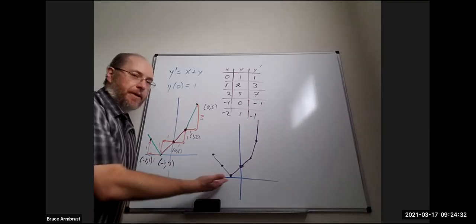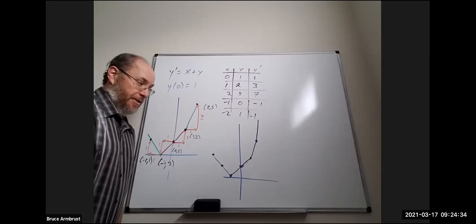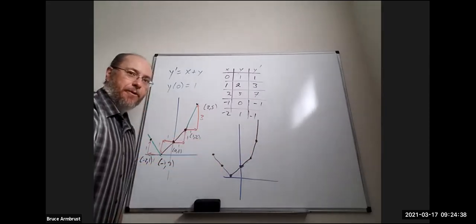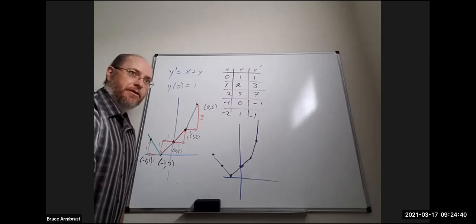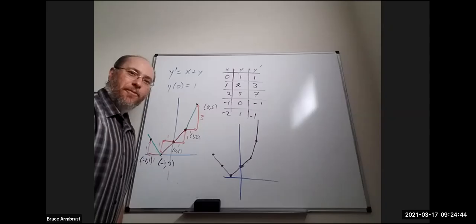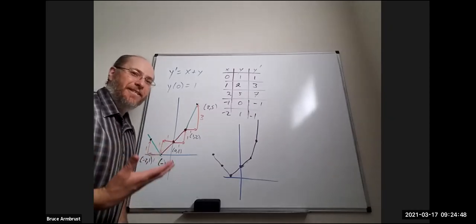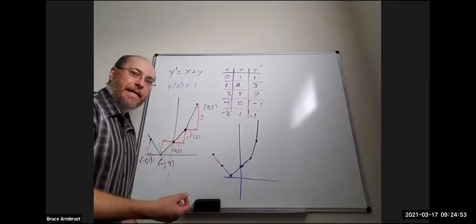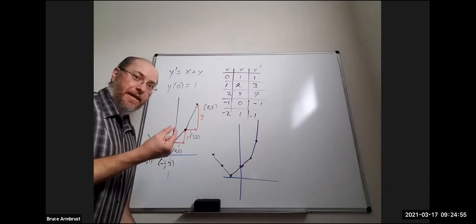Now, what would make this a better approximation? What would make this little disjointed line segmenty thing a better picture of the actual solution? Smaller increments. It's almost as if we've done this before. Yeah, if you haven't figured this out yet about calculus, it's all about take this kind of simple idea and run with it infinitesimally small, right?